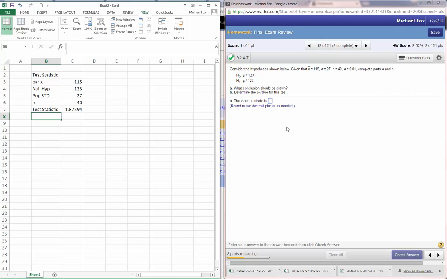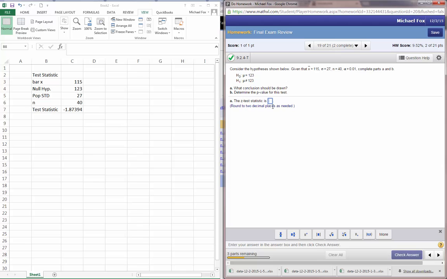Because this is a two-tailed test, it's going to show as either a negative 1.87, two decimal places, or a positive 1.87. What this means is, oh, I take that back. This is our test statistic. So that negative and positive, it's just a negative 1.87.